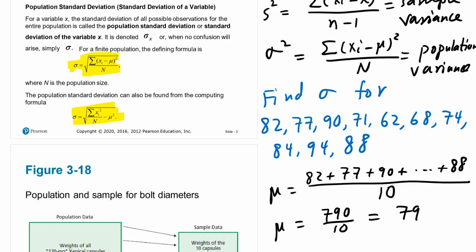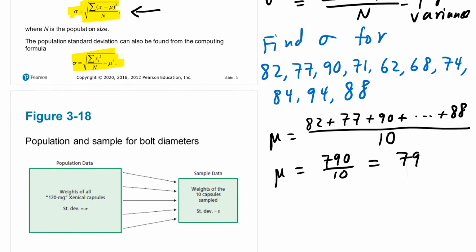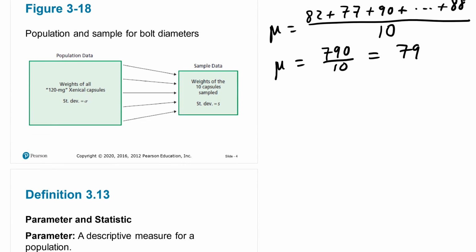Then I'm going to use a table to find this with the formula. Here we write down the xi.